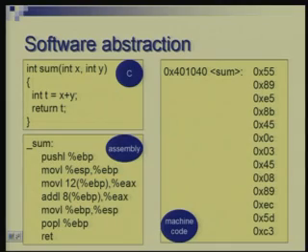Let us look at software abstraction, which you are quite familiar with already. You all have done programming and typically you use C, C++, Java. So, given a problem, you can write a program which is essentially a solution for that problem. So, for example, this is a trivial function which simply adds two numbers and returns the result.